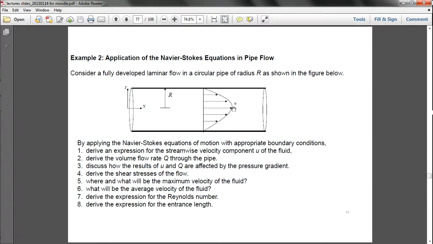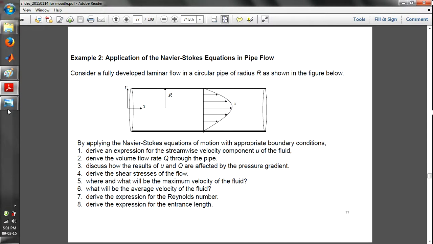So this one is the fastest, the maximum velocity. The reason is that at first when you flush in, it should be all the same speed. However, due to this boundary condition, there's a frictional effect that pulls back all these layers. So therefore they're slower than the initial one, and this is the maximum velocity.